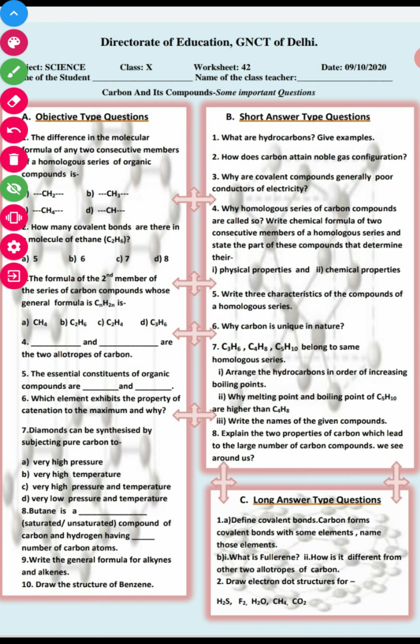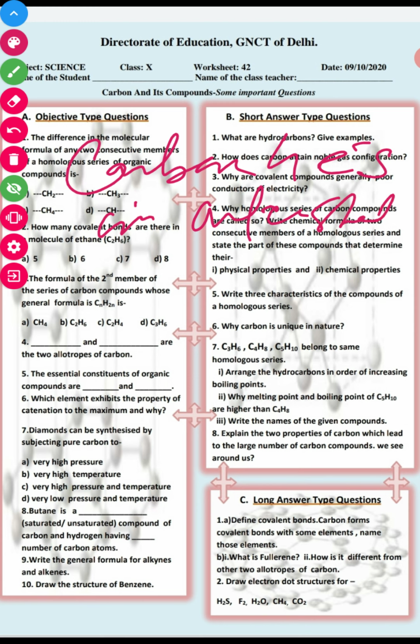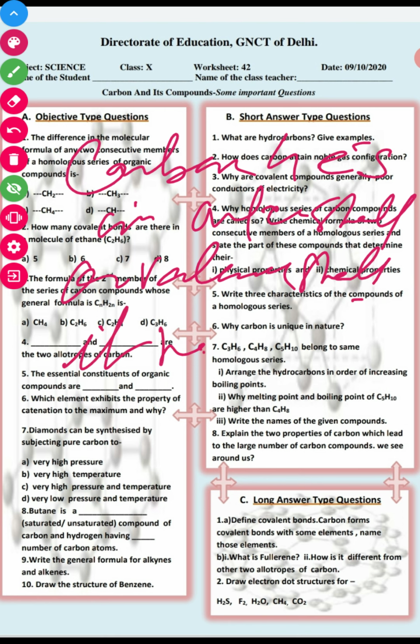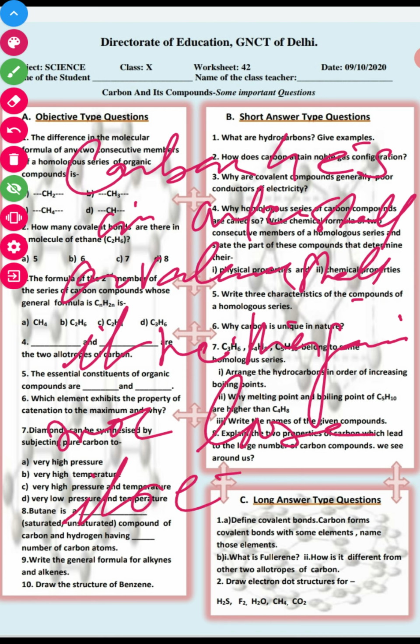Okay, next question: how does carbon attain noble gas configuration? Carbon has 4 electrons in its outermost shell, or valence shell, right? And it neither gains nor loses its electrons.